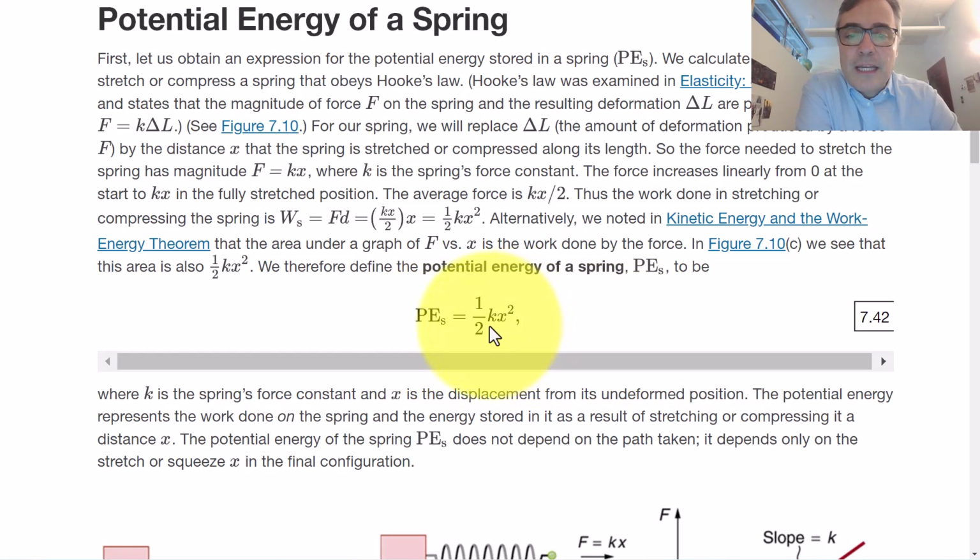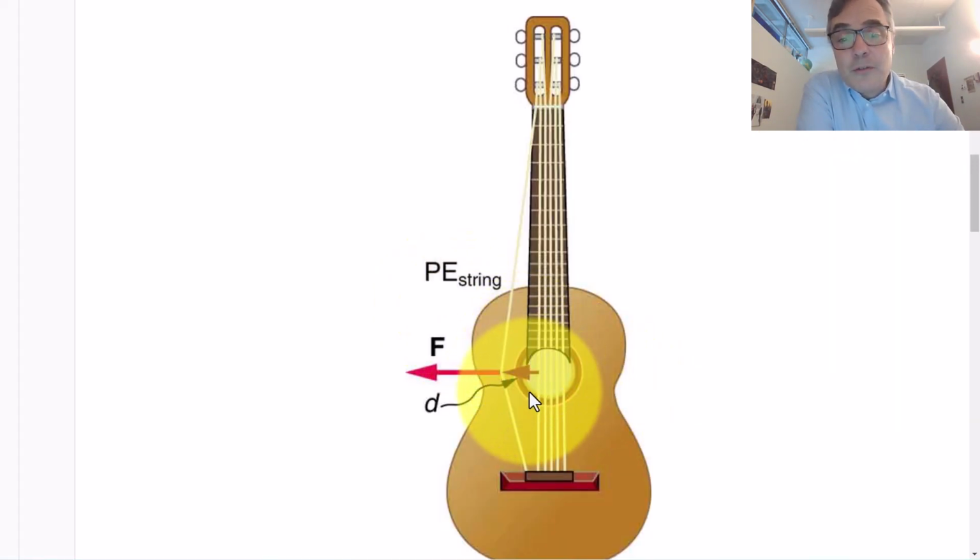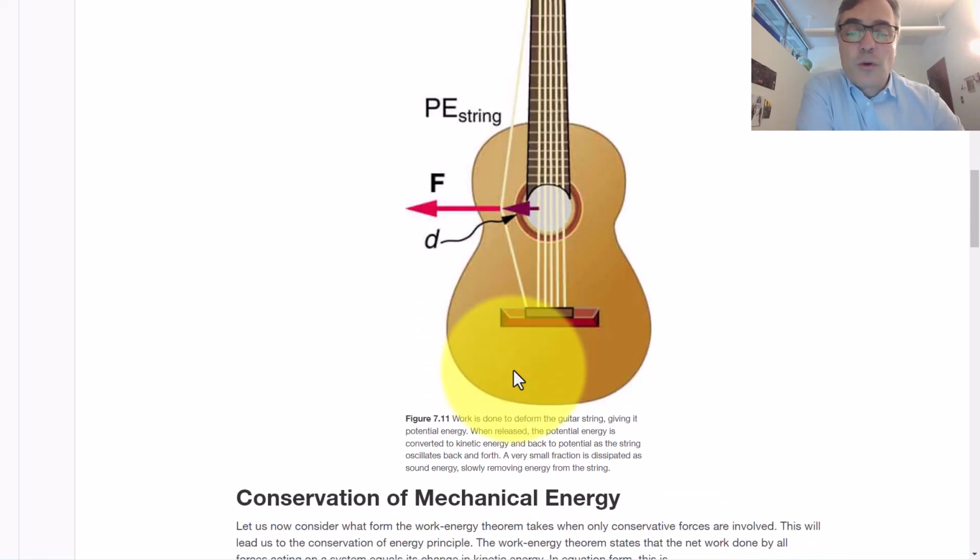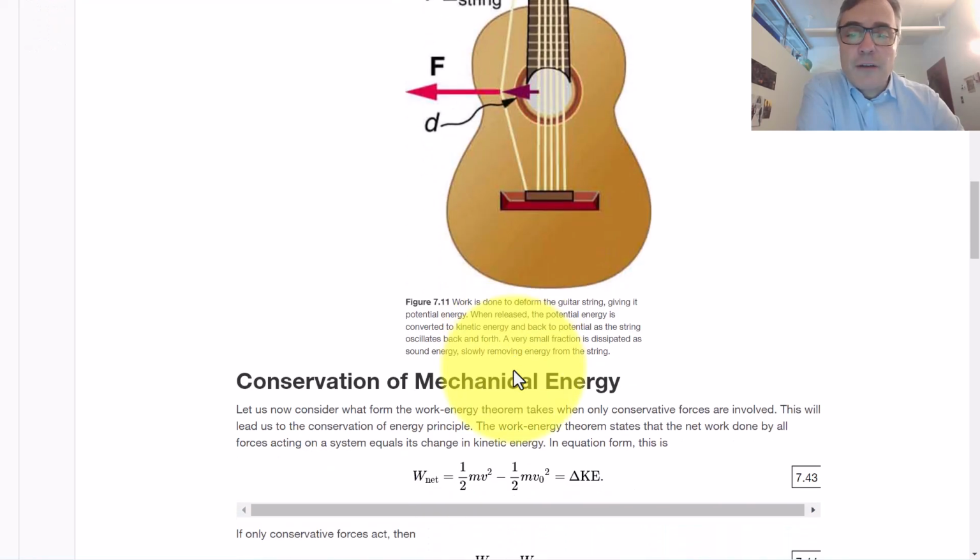If a spring has been stretched or compressed by a distance x, then there's energy stored in that spring, which can then be released: 1/2 kx squared. So for example, if you pluck a guitar string, you apply a force in one direction over some distance, and this is storing potential energy in the stretchiness of that string.